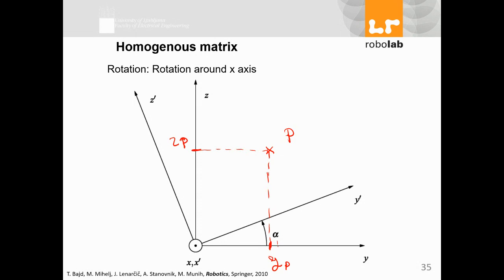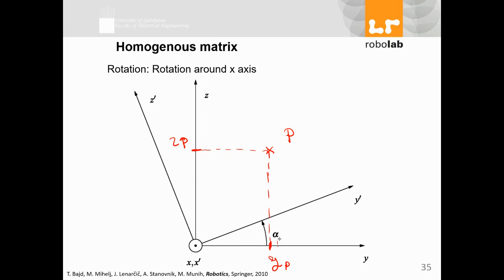The projection of the final point on the x-axis wouldn't change, it will be the same, because the x-axis is standing like this, coming up like this. Your point is here, projected to this level. If you rotate it, it doesn't make any change. So x will stay the same, but y and z will change.